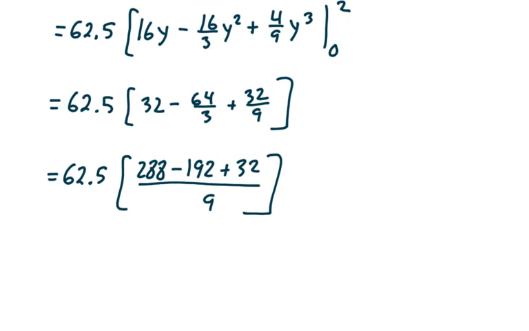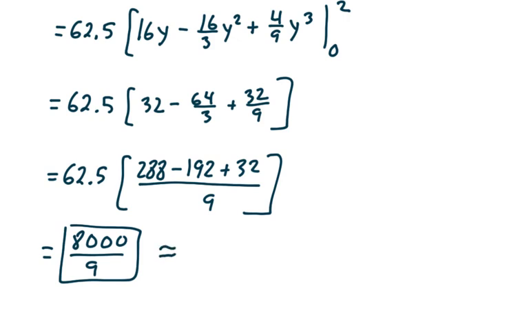And if we pull that up in a calculator, we're going to get 288 minus 192 plus 32. And then I'm going to multiply by 62.5. And then if I divide by 9, I should come up with 8,000 over 9. Incidentally, this is approximately 889 pounds.